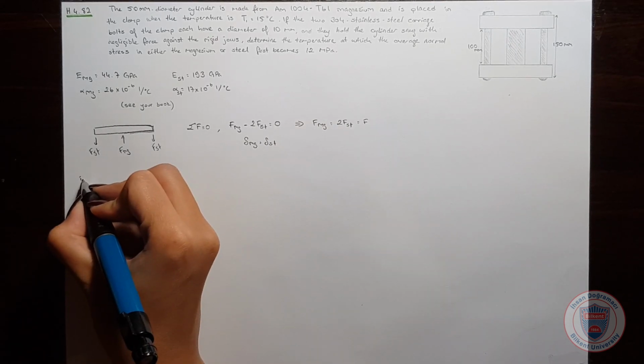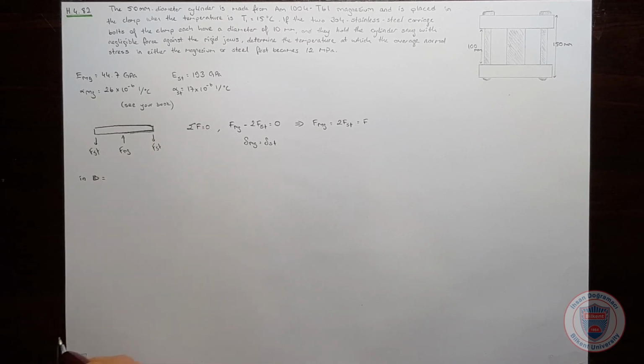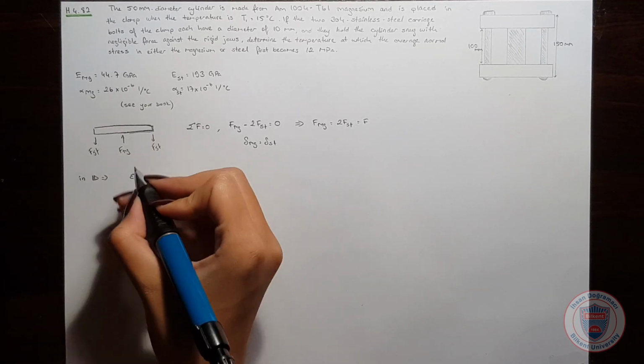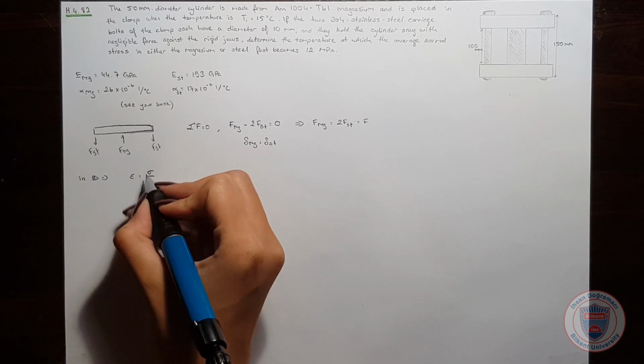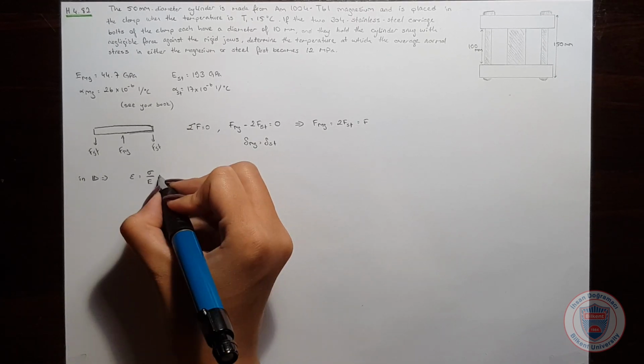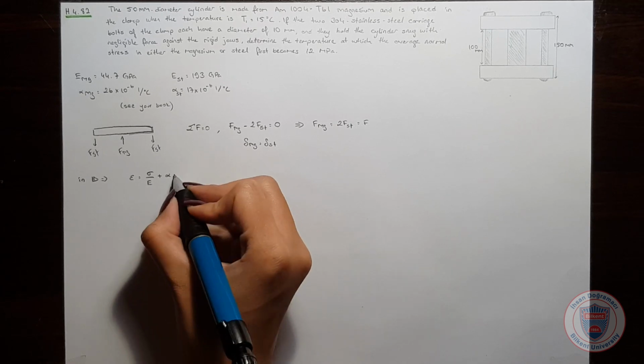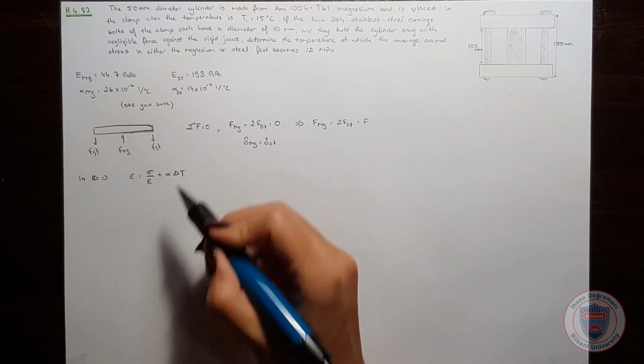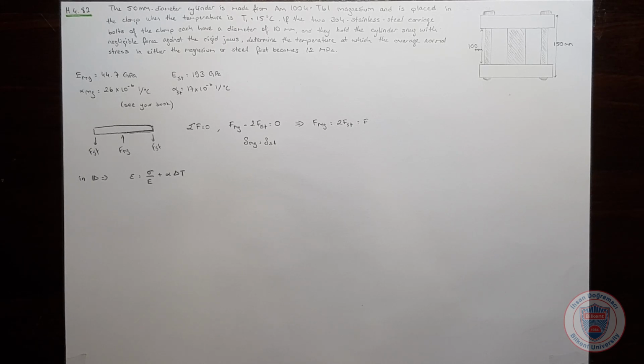We know that in 1D, strain is equal to sigma over Young's modulus plus alpha times delta T. We will multiply this by L, the length, and then we will get an equation for the displacements.